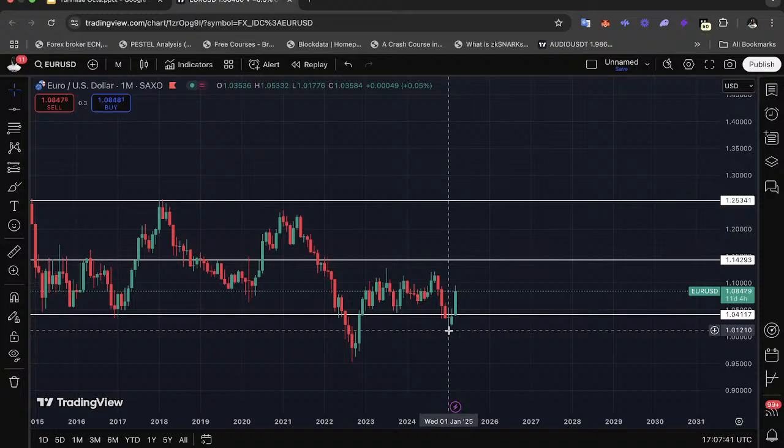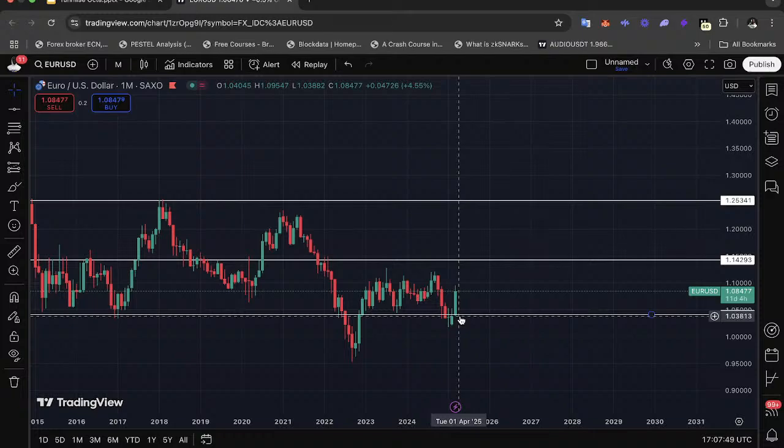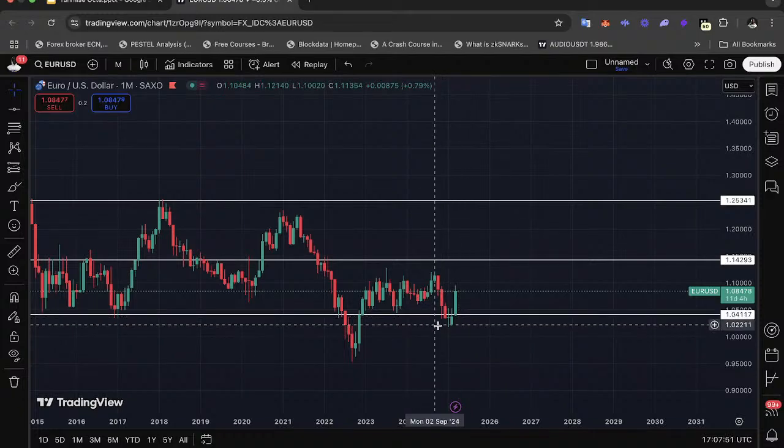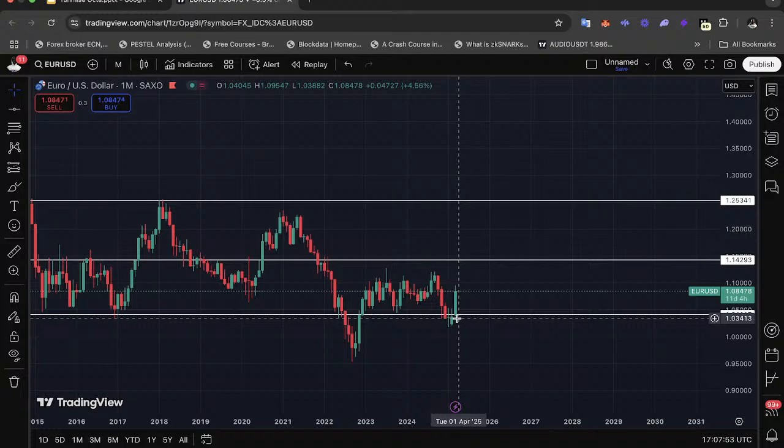All right, and that was an indicator for a buy, of which in the month of March we are seeing the reality of the doji that appeared in January.